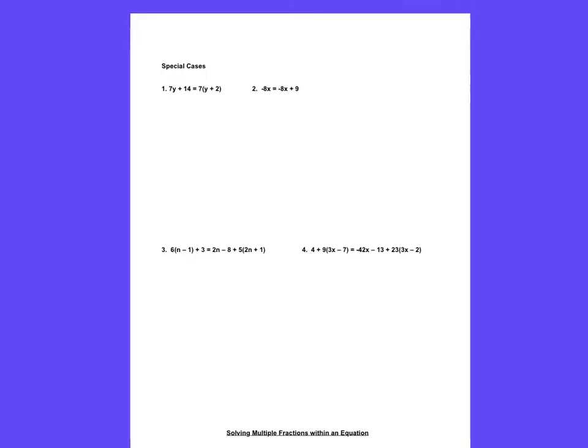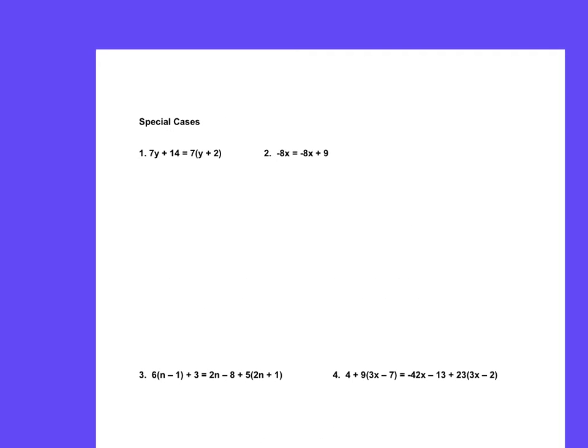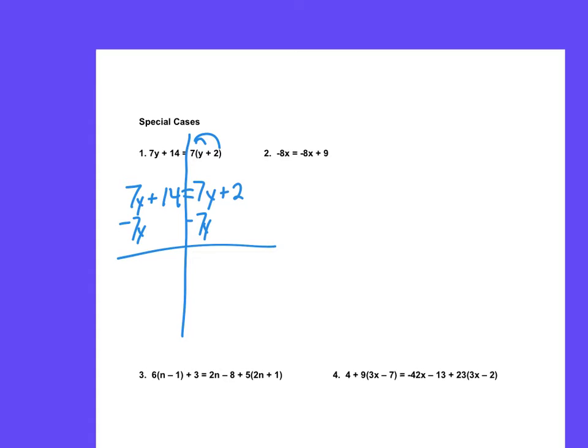Okay, so the special cases that we might see. This first one, let's solve it and see what we get. Distribute first. Okay, get it down to one variable. Well, we have 2 7s, so it doesn't matter which one I move, but if I subtract it on both sides, it's just going to cancel and give me 14 equals 2.